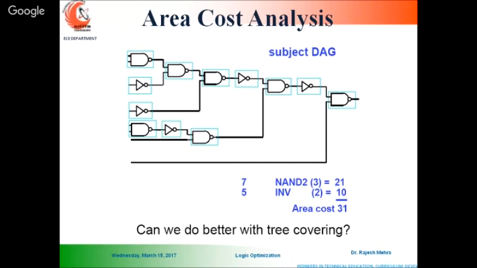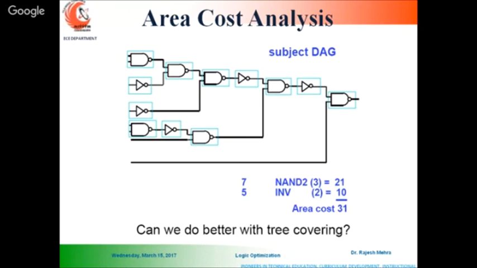So as per our information, the cost of an inverter was 2 and the cost of a 2 input NAND gate was 3, right? So you just calculate 5 inverters with cost 2, 5 multiplied by 2 is 10, then your 7 NAND gates with cost 3, 7 multiplied by 3 is 21, and your total cost is 31, right?